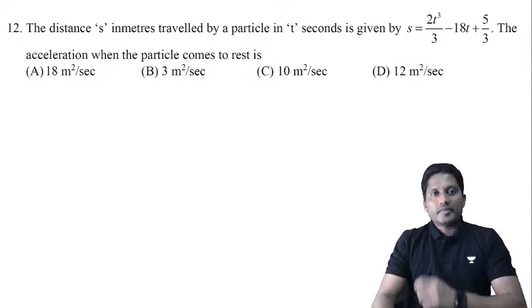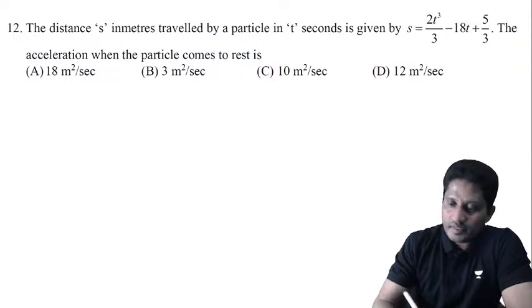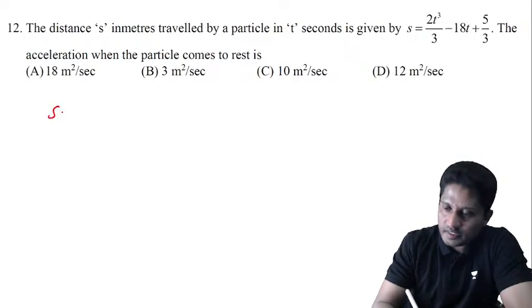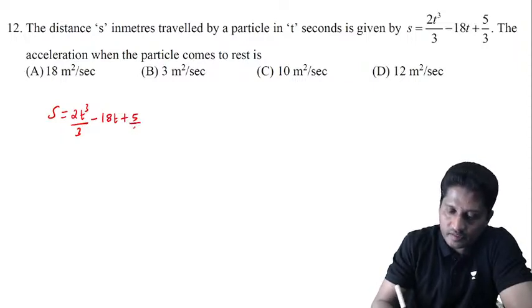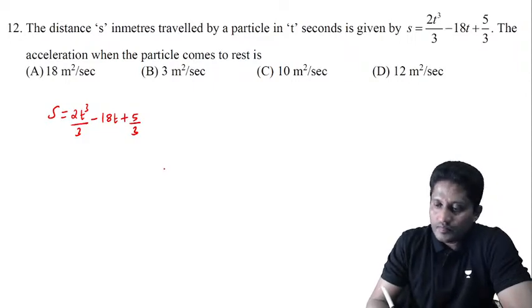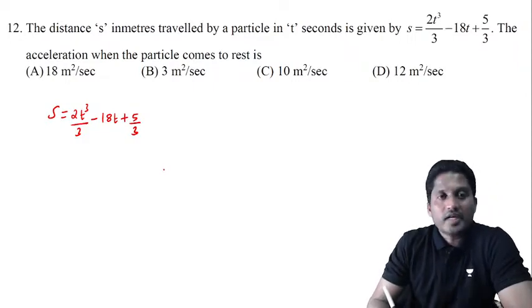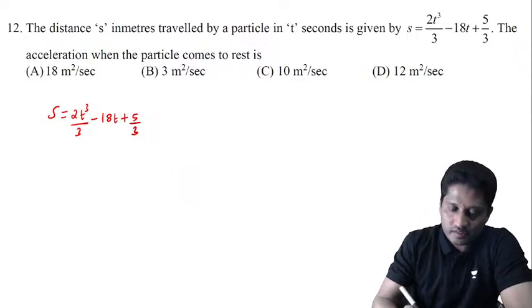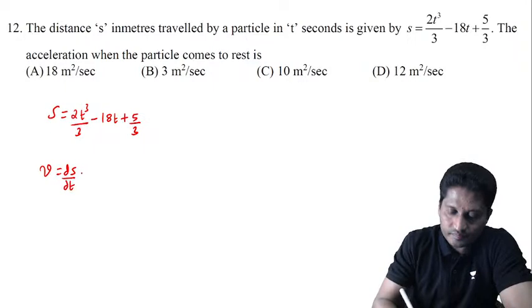The distance s in meters traveled by a particle at time t is given by displacement s is equal to 2t cubed by 3 minus 18t plus 5 by 3. I should find out the acceleration when the particle comes to rest. Rate of change of displacement with respect to time is velocity.